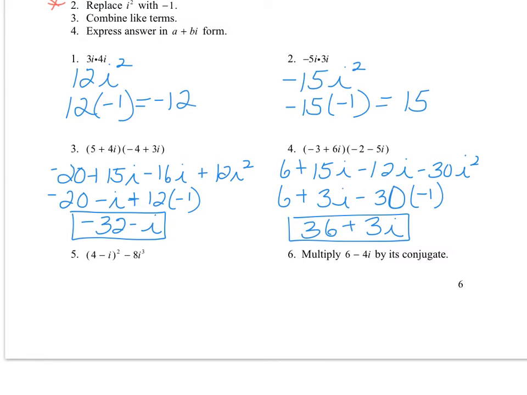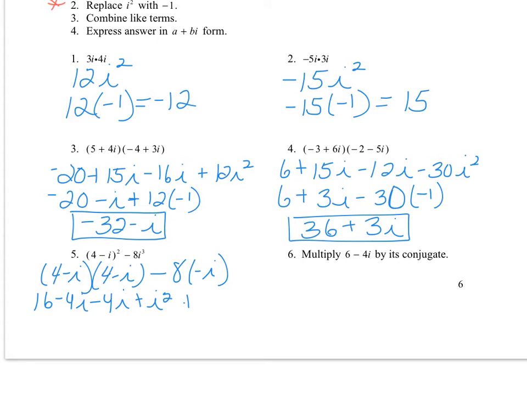Okay, let's take a look at number 5. 4 minus i, the whole thing squared. So that's 4 minus i times 4 minus i, minus 8i cubed. If anybody remembers what i cubed is, you're right. i cubed is a -i. So you want to simplify your i's as much as you can. So now I got to do double distributive property on the left and get 16 minus 4i plus i squared.